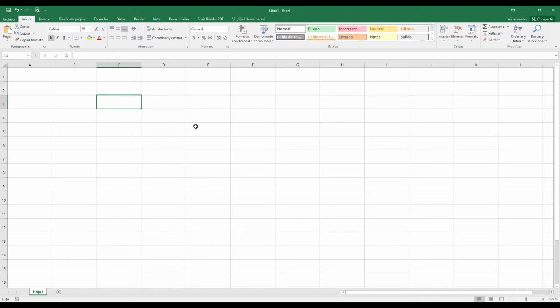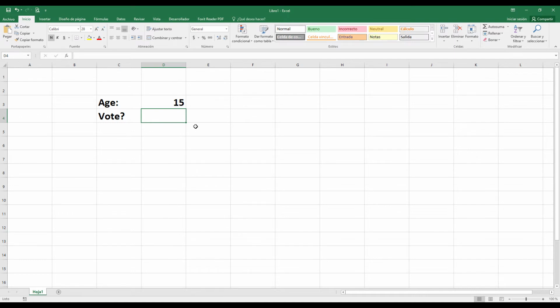For example, you type your age and you determine if you can vote. Remember, in Mexico you need to have 18 years old to vote. For example here 15.